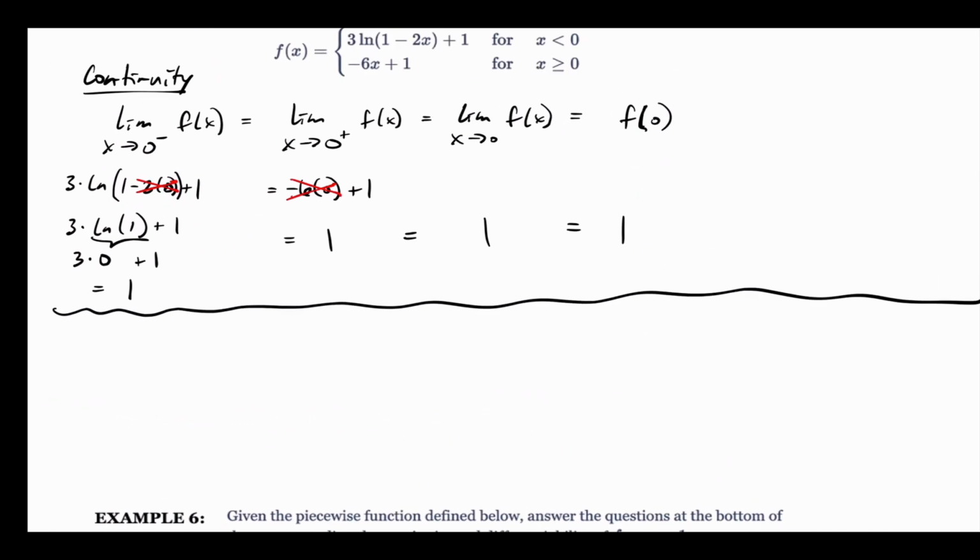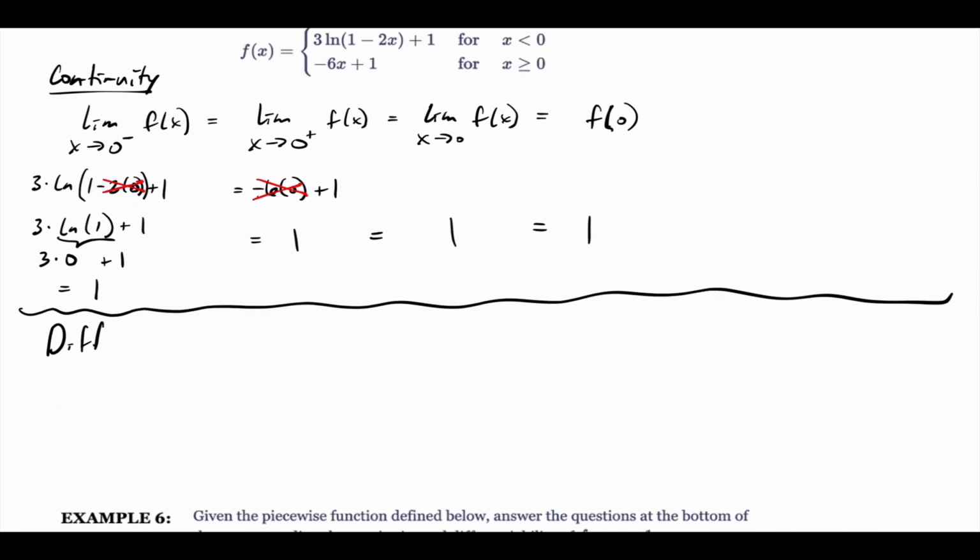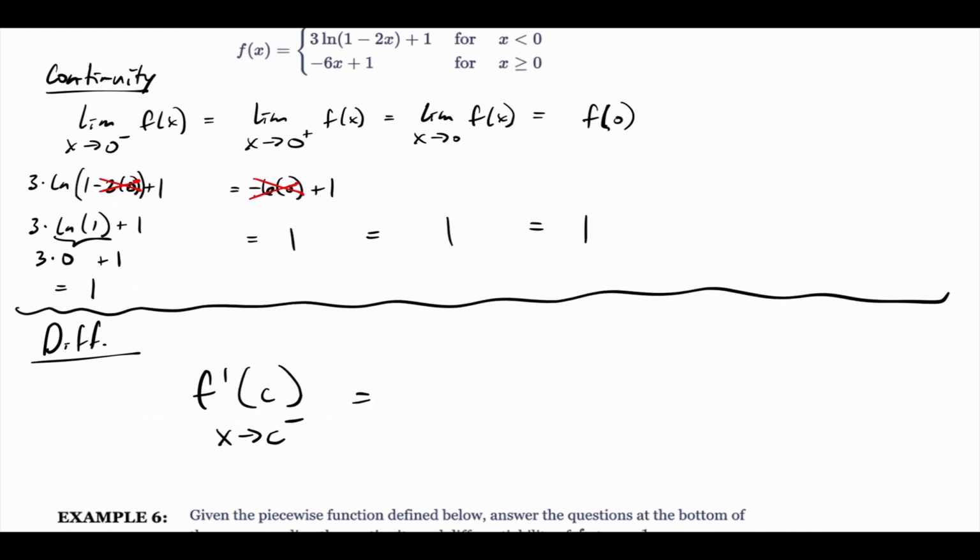Okay. Differentiability. Remember, to check differentiability, it's not as bad. Is the derivative from one side the same as the derivative coming from the other side?